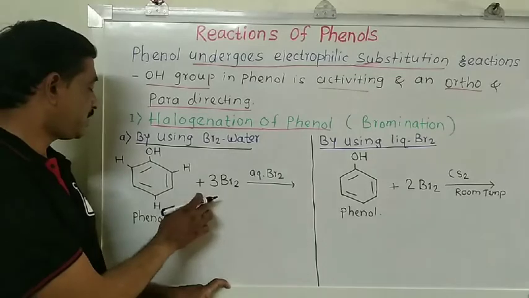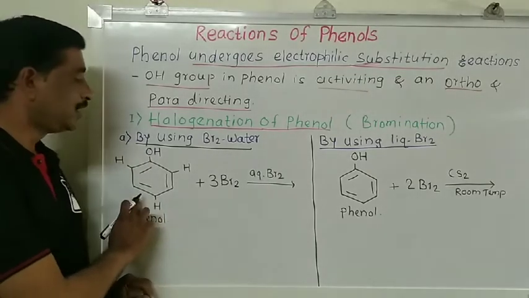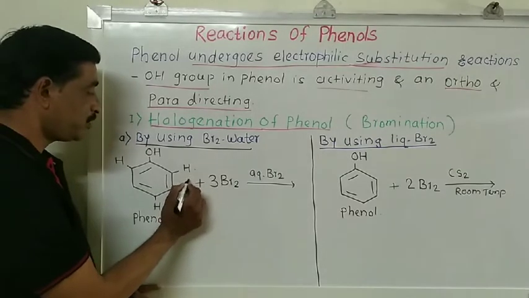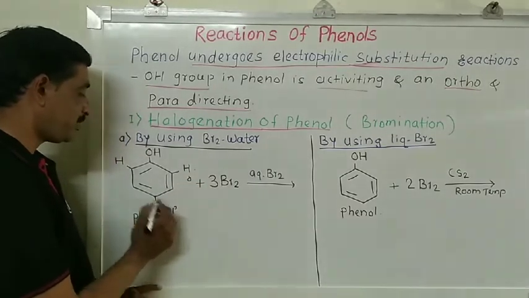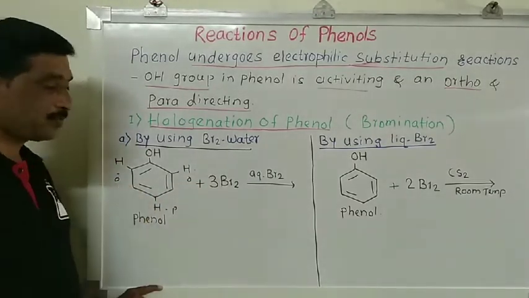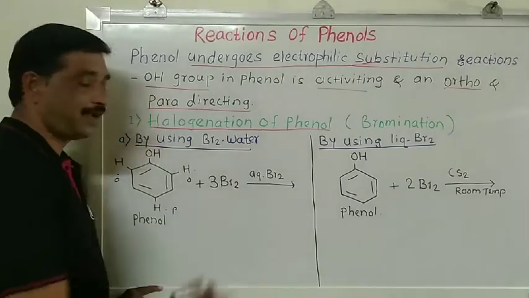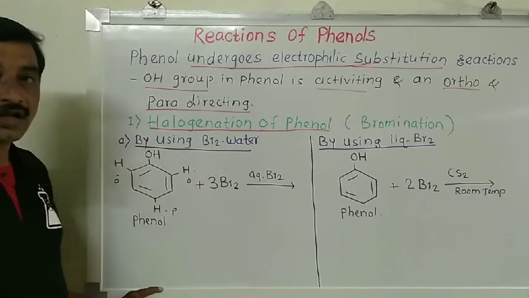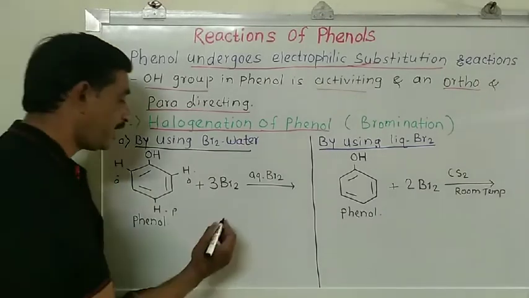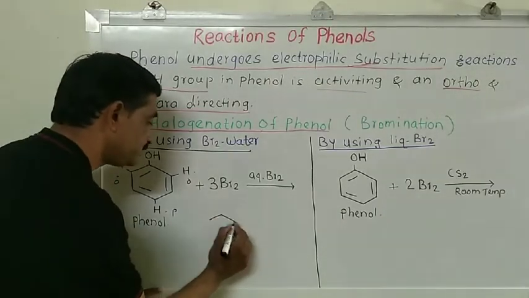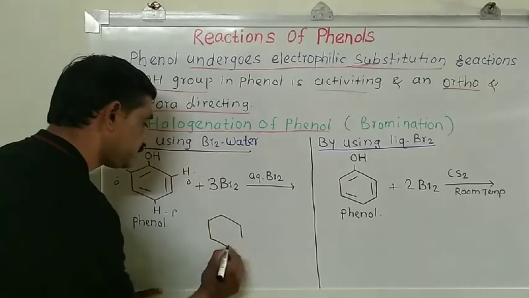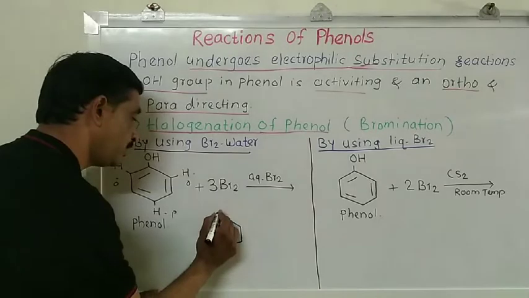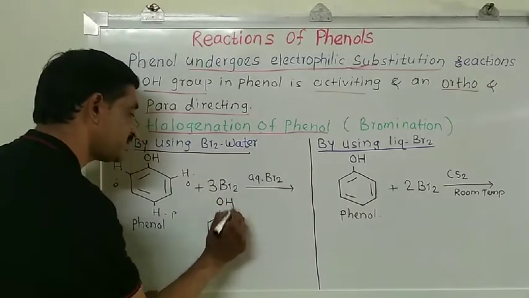So when bromine water is reacted with phenol, what happens? Hydrogen atoms from this ortho position, this para position and this other ortho position are replaced by bromine atoms, and we get a tri-substituted compound. The OH group of phenol remains as is.